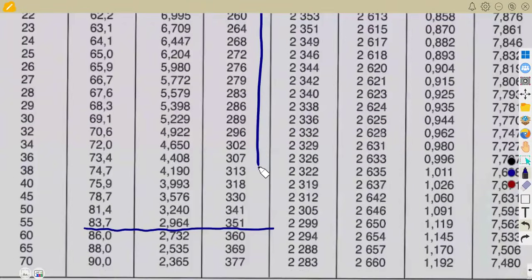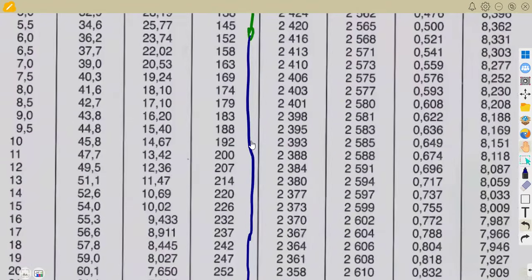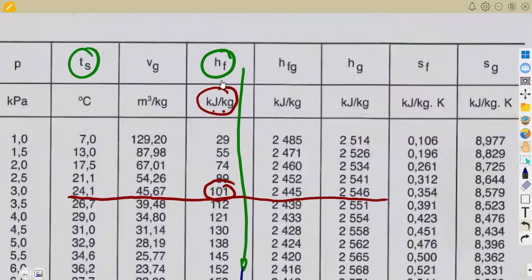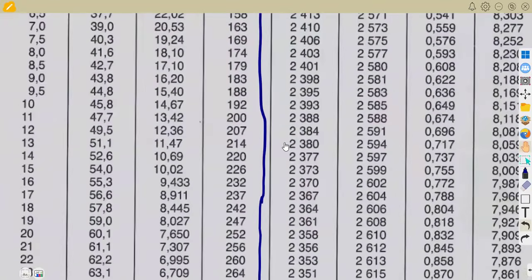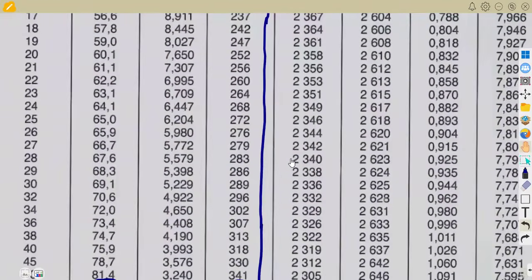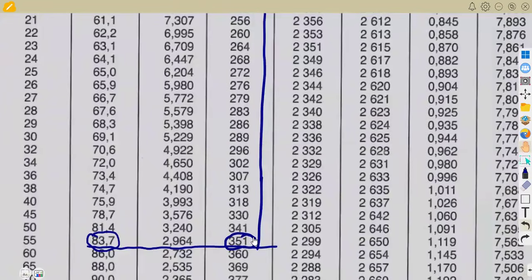So the value that you're going to take under this Ts, which is our temperature, corresponding to Hf, is 351. If we check on top, it corresponds to Hf. So at that temperature we have 351 kilojoules per kilogram.